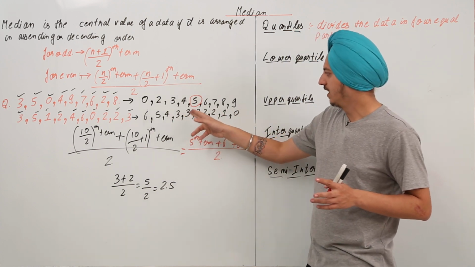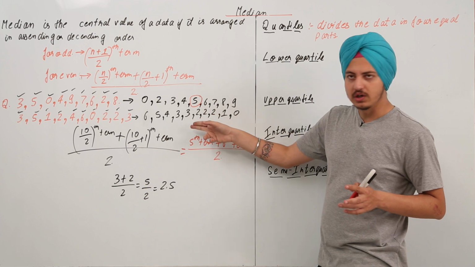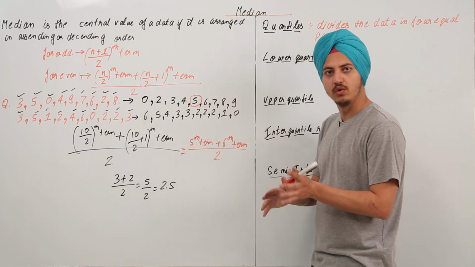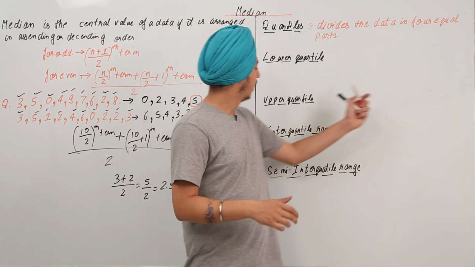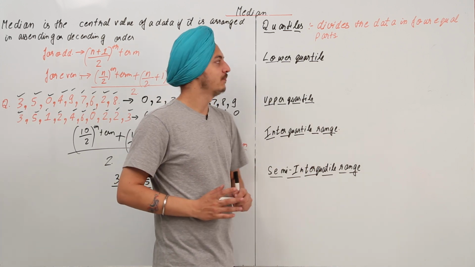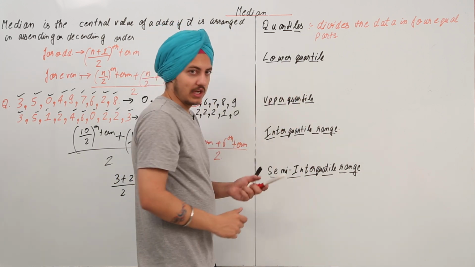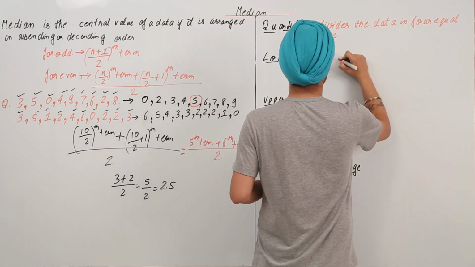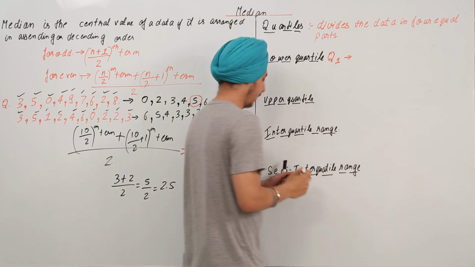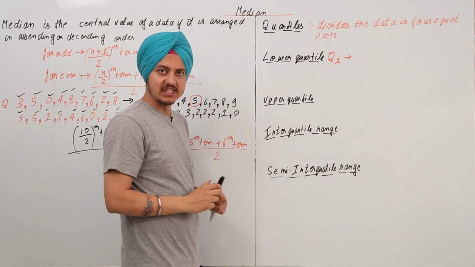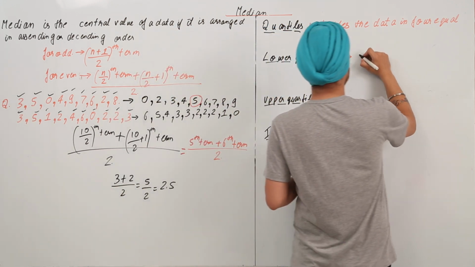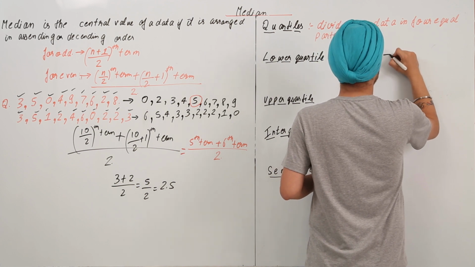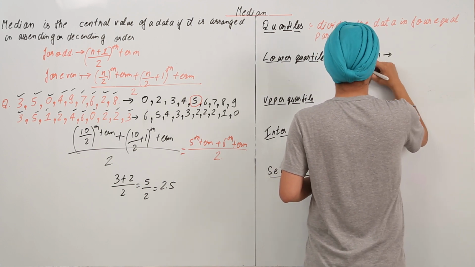There is a lower quartile, then there is an upper quartile, and then there is one quartile in the middle. So that is upper quartile, lower quartile and the interquartile range. Okay. So what is lower quartile? Let's say this is denoted as Q1. So this Q1 is equal to, for even and for odd again.